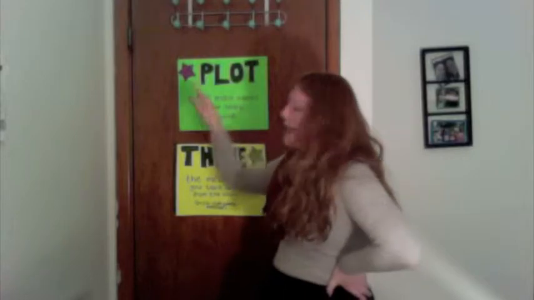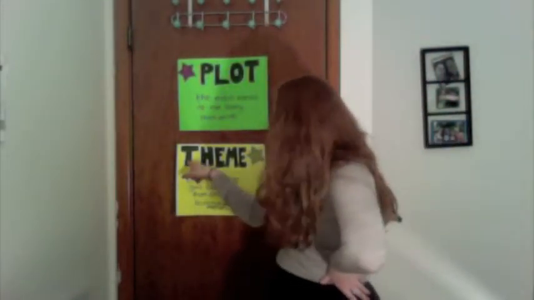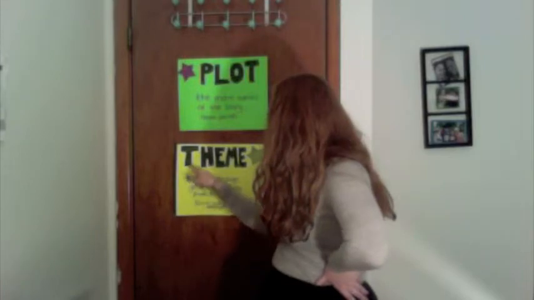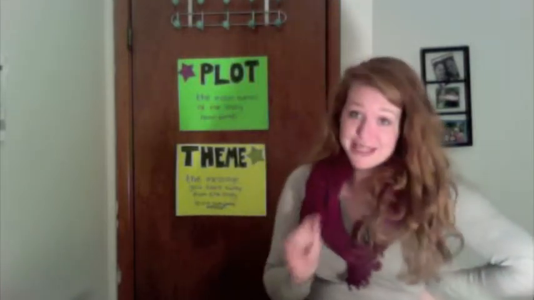Look at the P and think of points, because the plot is the main points of the story. And for theme, look at the T. The T can stand for take-away message of the story. This is the overall, overarching message that you gathered.